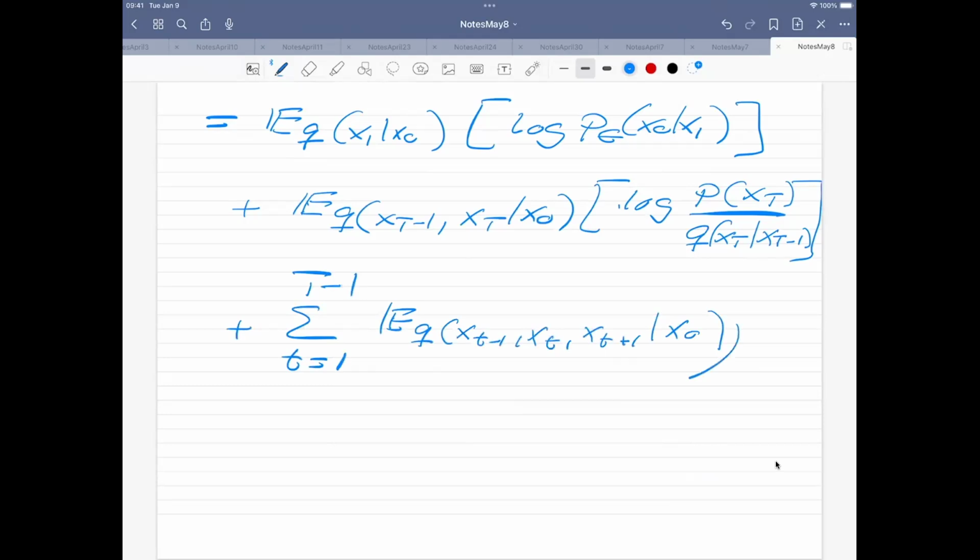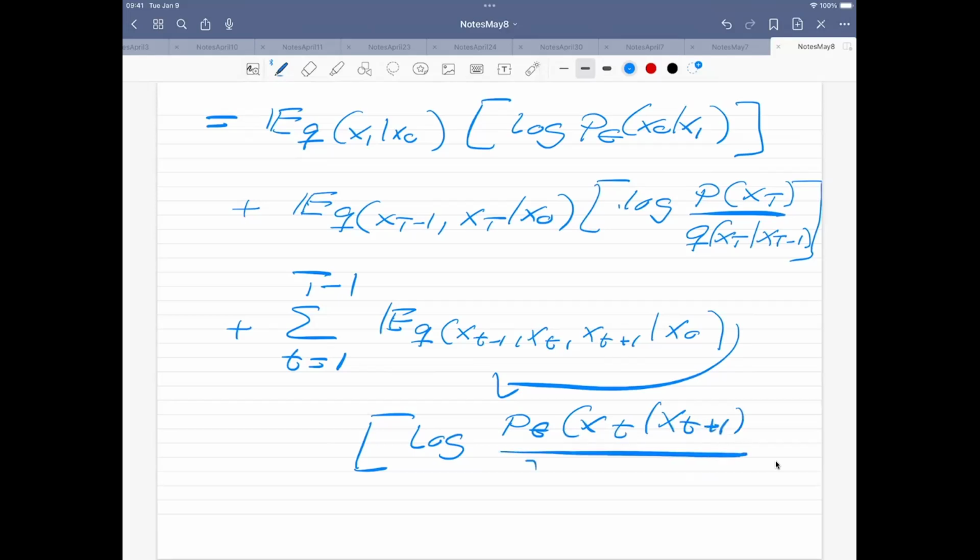This is the expectation value of log of p theta of xt plus 1. So this should be a minus 1 here.